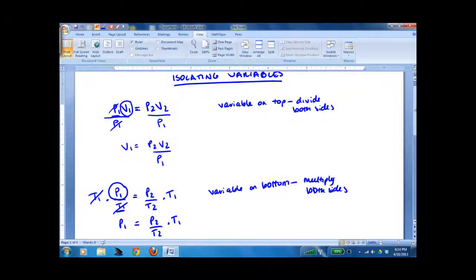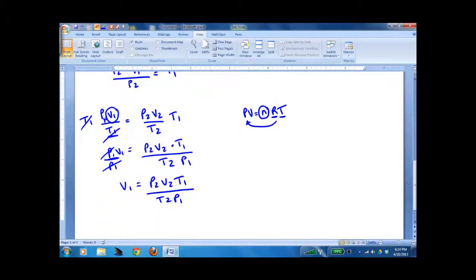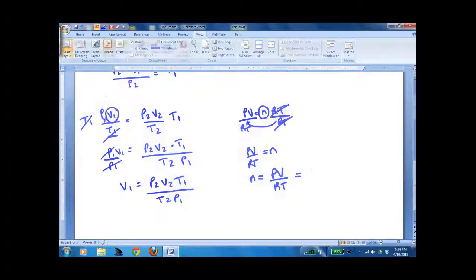They're on the top. And so we're going to divide both sides by RT. My RT's canceled out. And you can also rearrange this for when you're starting to do your work. If it's easier for you, just rearrange it. And then you start putting in your numbers.